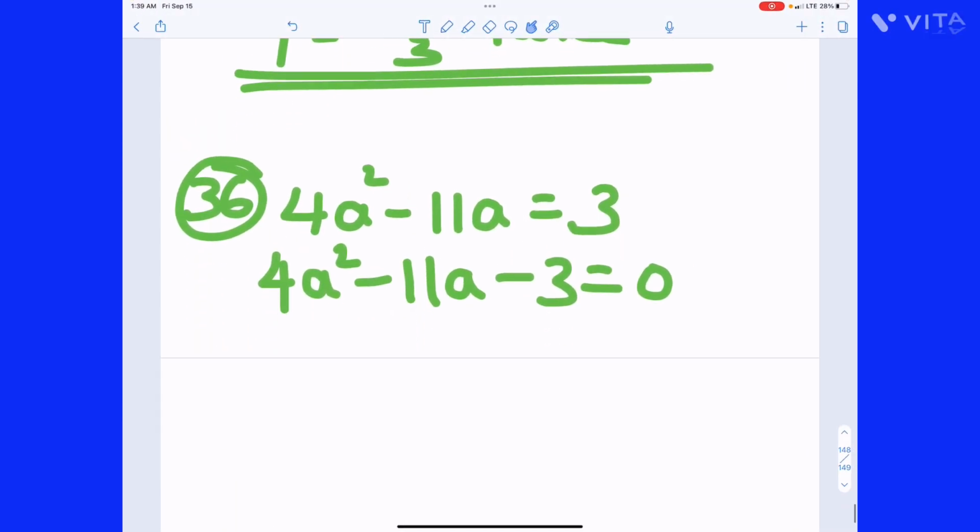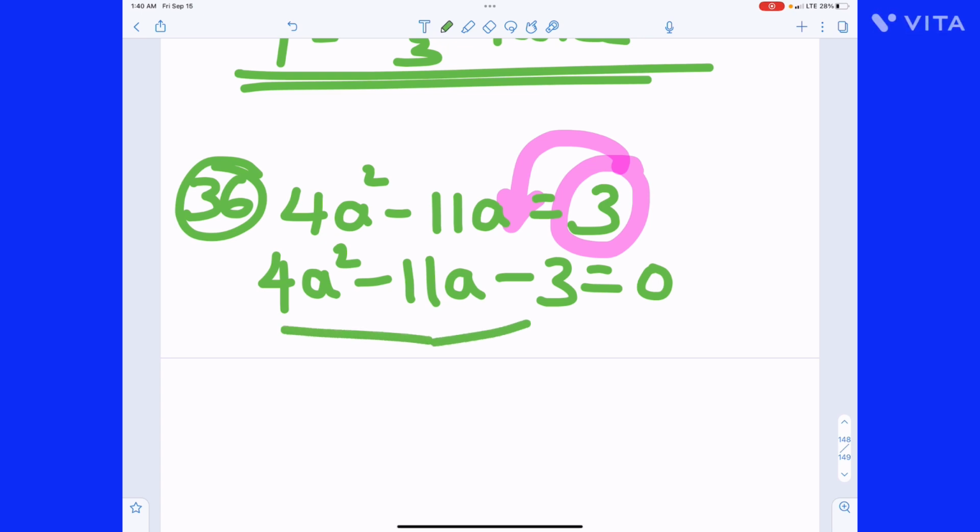If I bring 3 to the left hand side, when I move it to the left hand side it will change to minus 3. So that's 4a squared minus 11a minus 3 is equal to 0. So 4 times minus 3, that's minus 12.